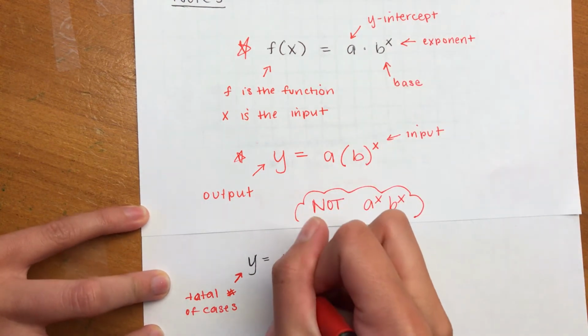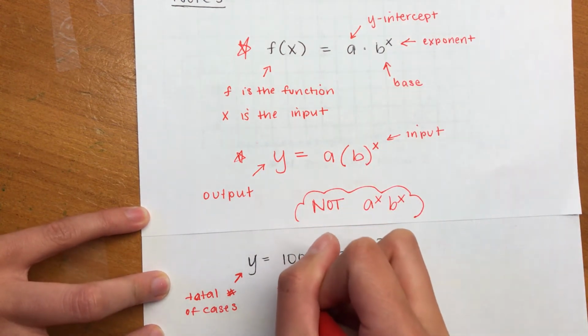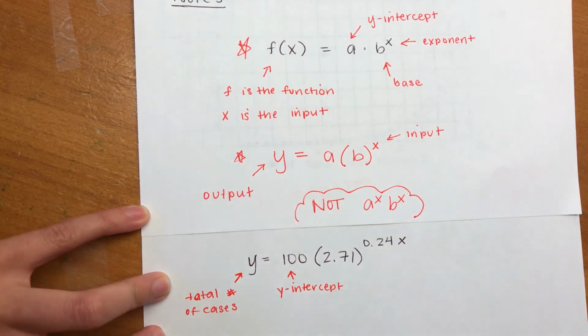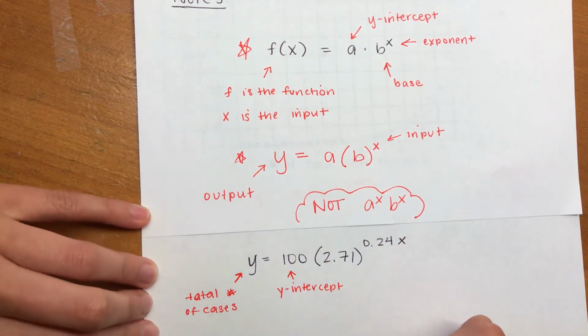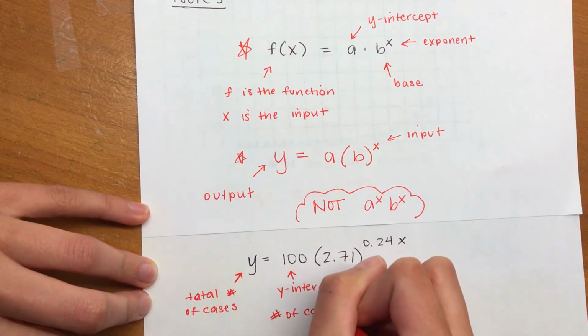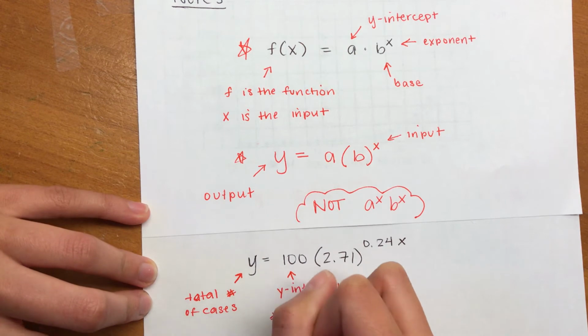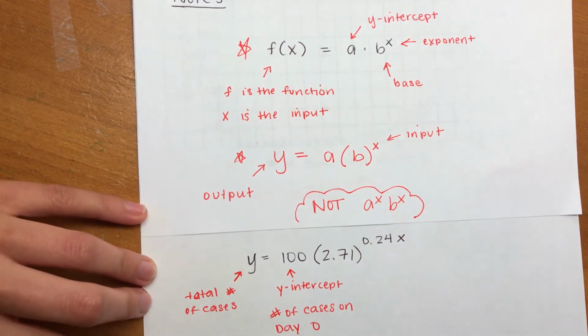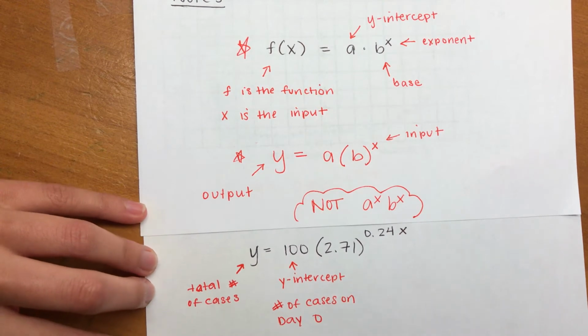Okay, so 100 is my y-intercept. Now, what does that mean? If it's the y-intercept, that's the number of cases on day 0, right? Because a y-intercept is whenever x equals 0.